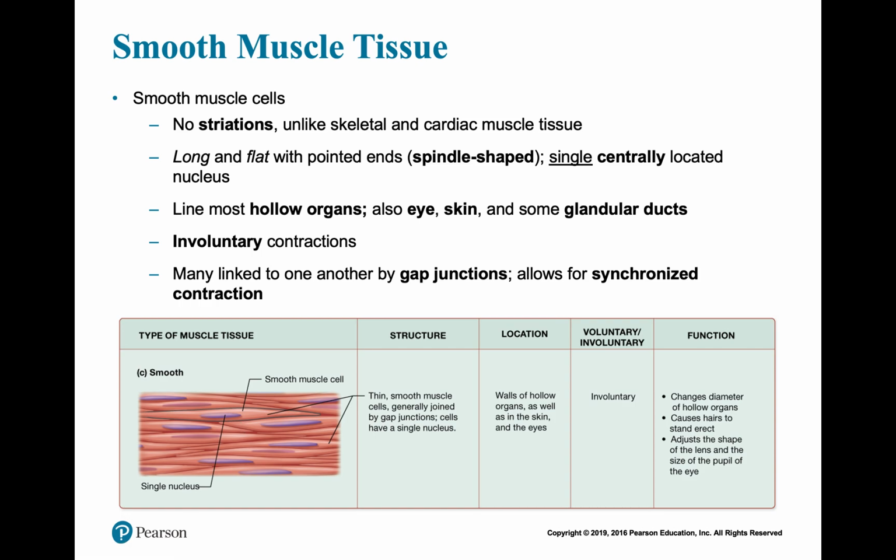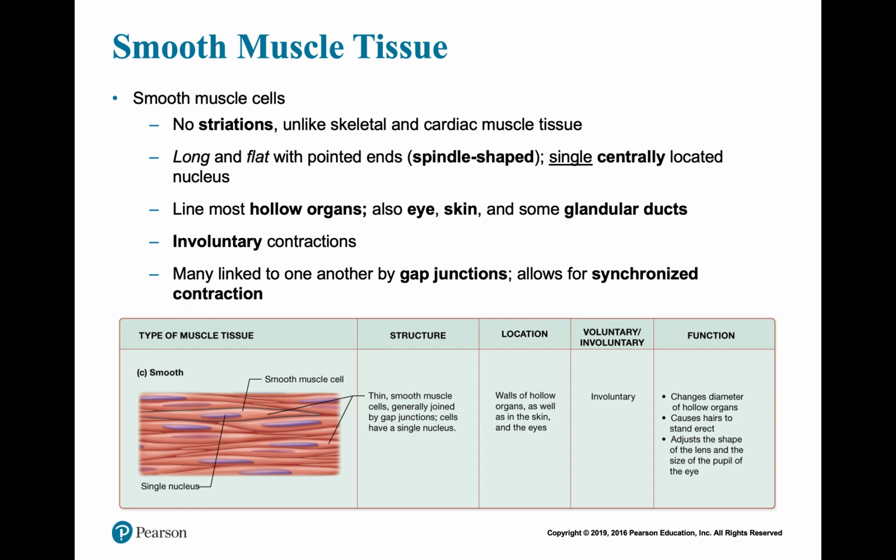The reason for this shape is related to where we find smooth muscle: in the walls of hollow organs, like the stomach, the small intestine, the large intestine, and the esophagus. We even see a little bit of smooth muscle in the trachea and some of the larger airways, and in blood vessels.